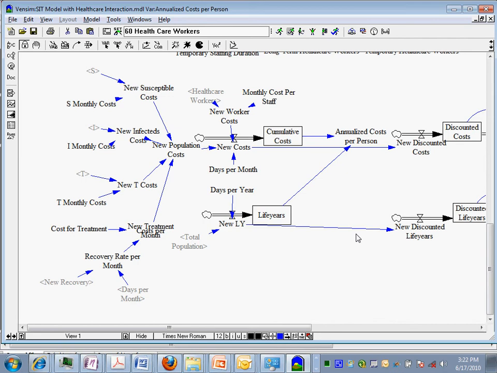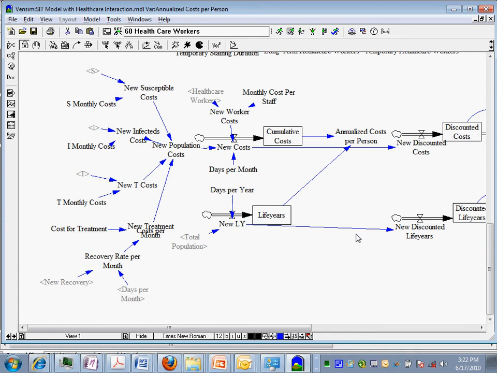So this is monthly cost, because here you have healthcare workers and a monthly cost for the healthcare workers to keep them going. This is new worker cost, dollars per month. You need to convert both of these to dollars per day, and then that would be new cost per day. And then you can just accumulate that, right?